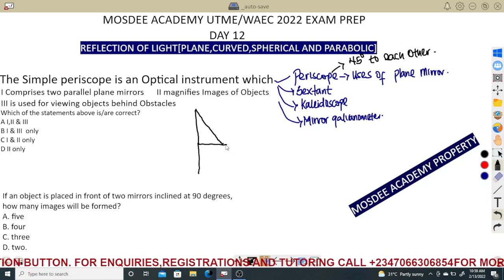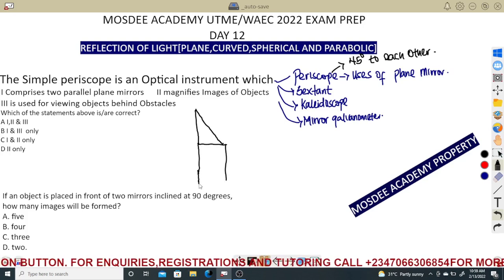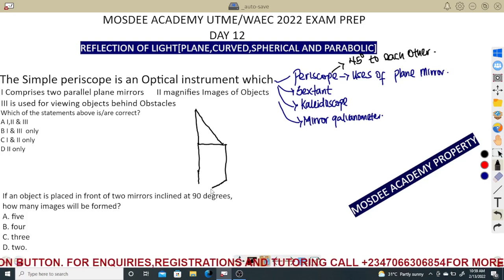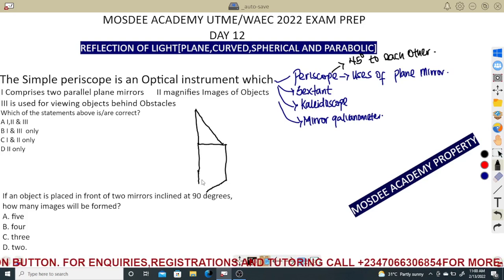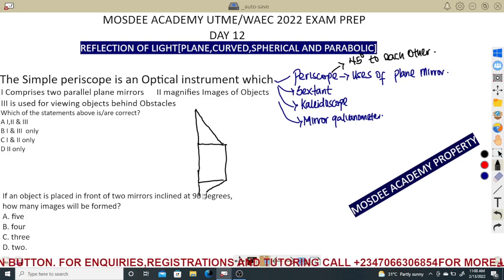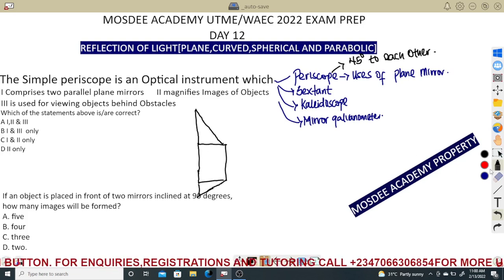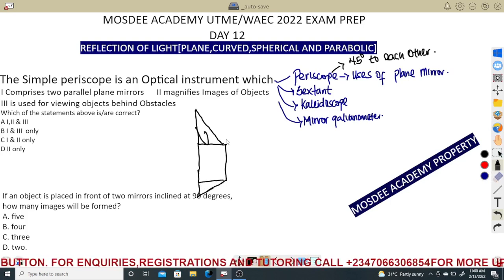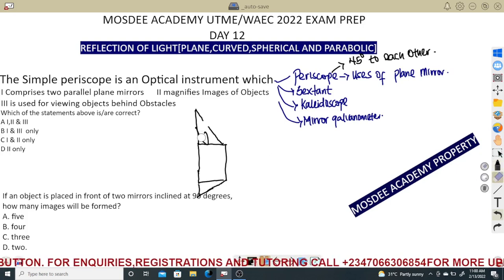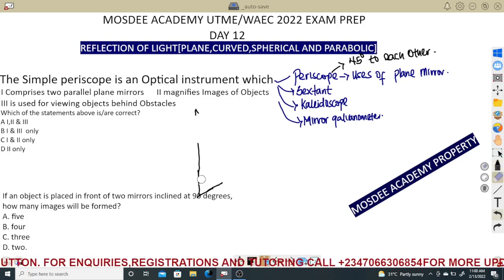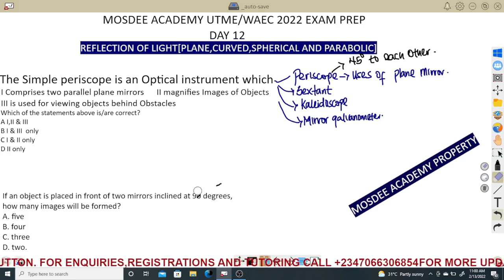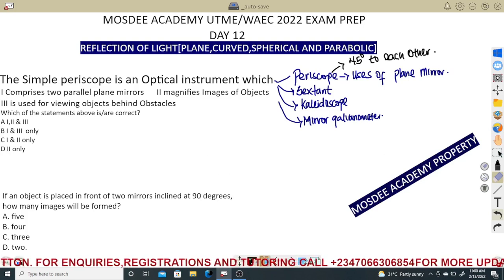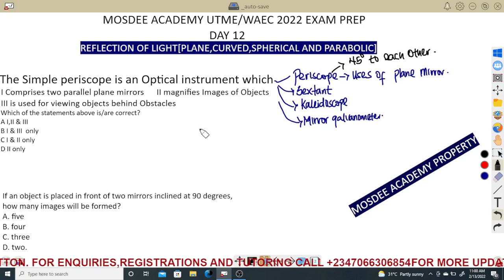The other one will now be an inverted right angle triangle, which is also inclined at an angle of 45, something like this. I'm not drawing anything to scale. I just want you guys to see that the first one and the second one are positioned in such a way that they are at 45 degrees to each other. So keep that in mind.